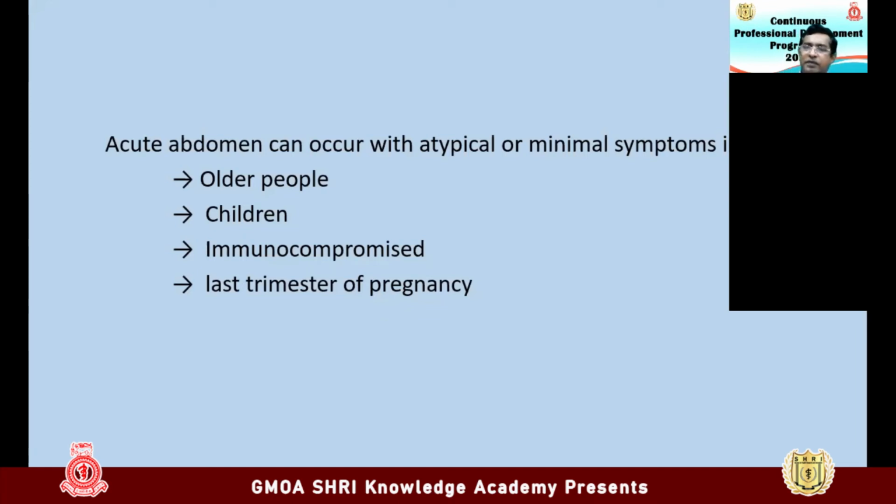In the last trimester of pregnancy, it's a physiological phenomenon to have a large uterus. Because of the presence of a large uterus, most of the intra-abdominal mobile structures are displaced.